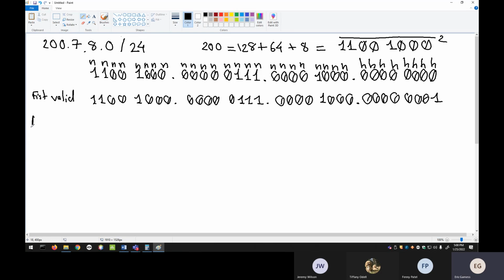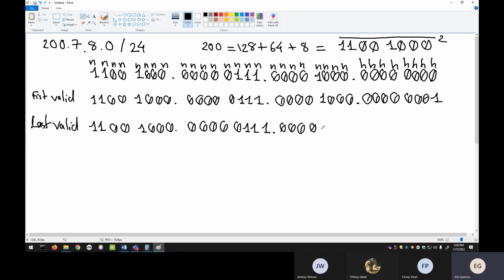How do we get the last valid IP address? So we cannot change this 24. So I'm just going to copy them as they are. So first 200, then 7, cannot change this 7, then 8, I cannot change this 8.